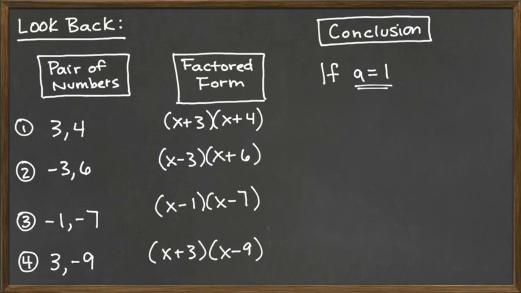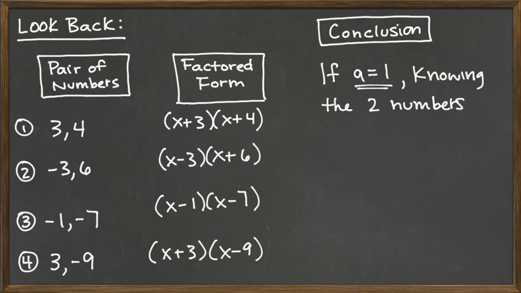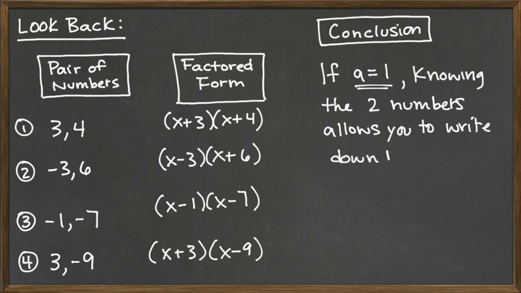And so we can say if a is equal to 1, knowing the two numbers allows you to write down the factorization with no more work, and that's the nice part.